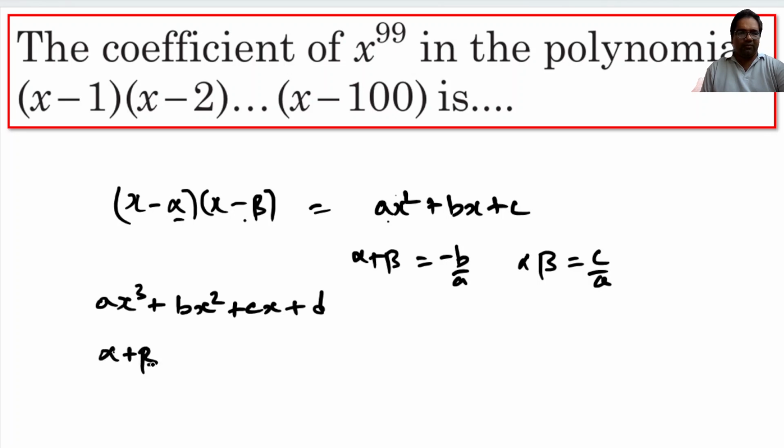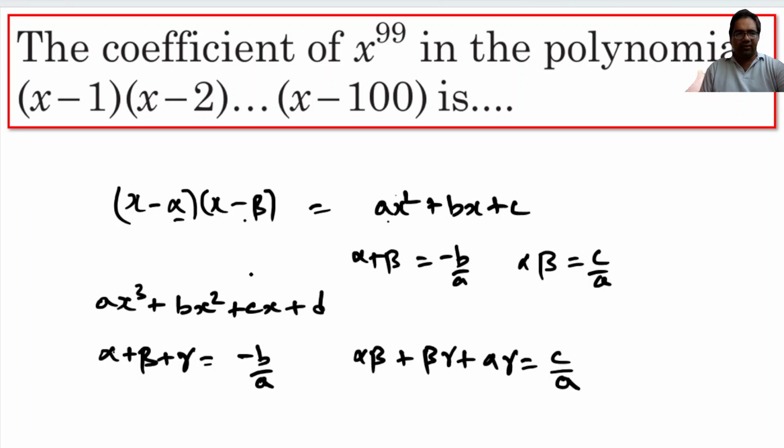The sum alpha plus beta plus gamma is equal to minus b by a. The product of the roots taken 2 at a time, alpha beta plus beta gamma plus alpha gamma, is equal to c by a. And the product of the roots taken all three at a time, alpha beta gamma, is equal to d by a.